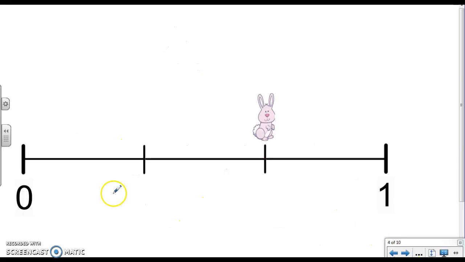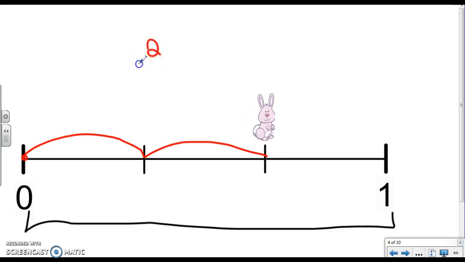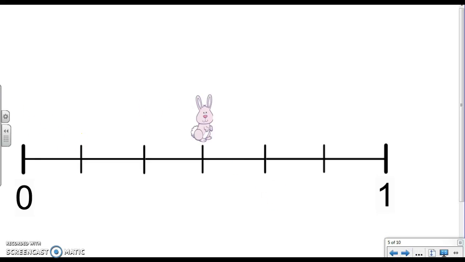So let's use the bunny idea. Here's our whole bridge right here. And you can see starting at the beginning, he is 2 hops out of a total of 1, 2, 3 hops it takes to get all the way across the bridge. So this point where our bunny rabbit is at is the fraction 2/3. Let's look at the next one.